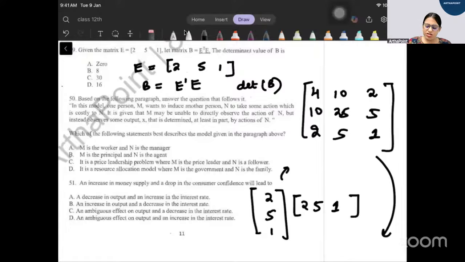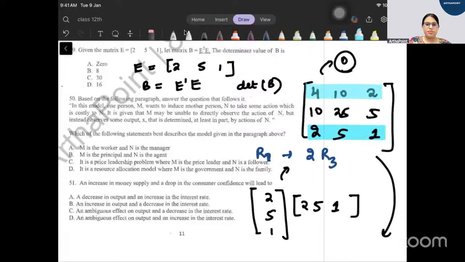Yes. So its determinant will come out to be 0 only, no? Can you see that row 1 is nothing but 2 times row 3? So the 2 rows are exactly the same. So determinant will be 0. Correct.